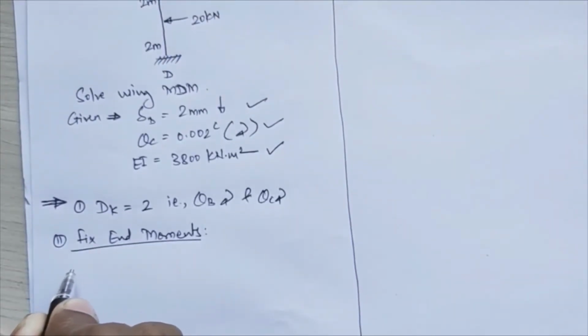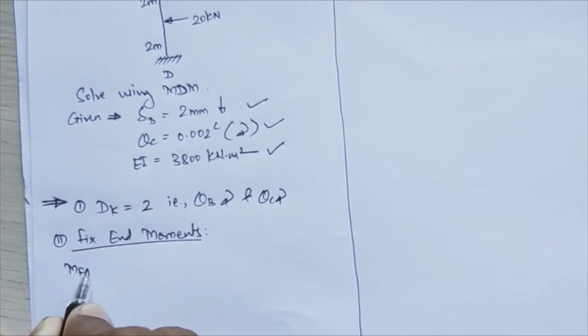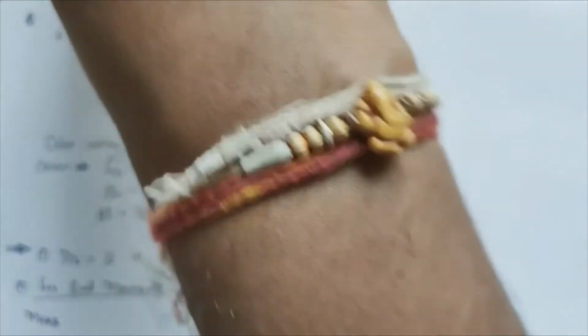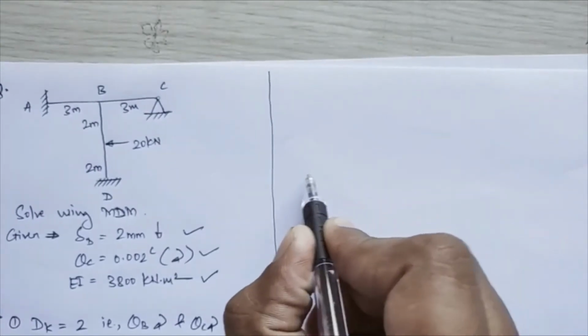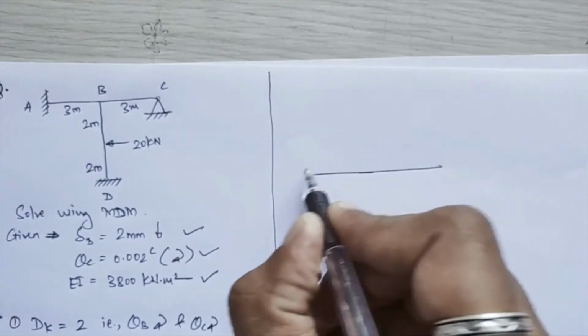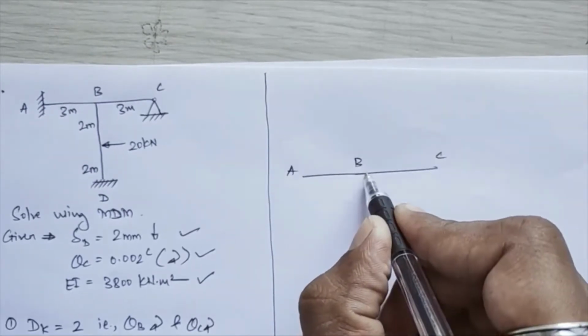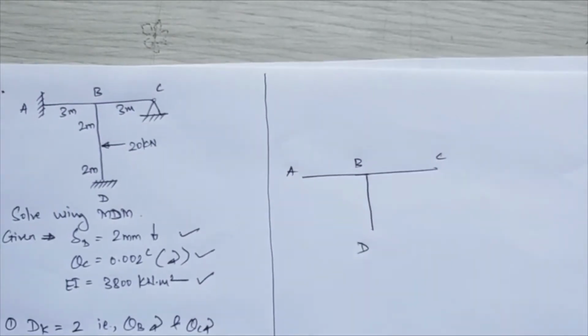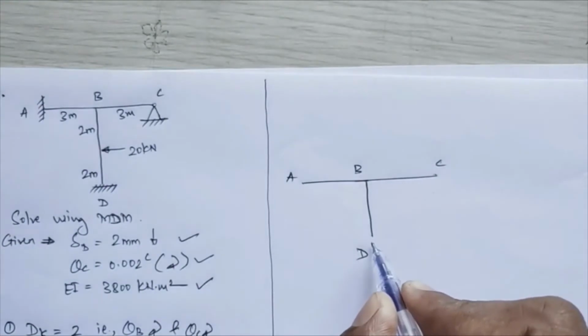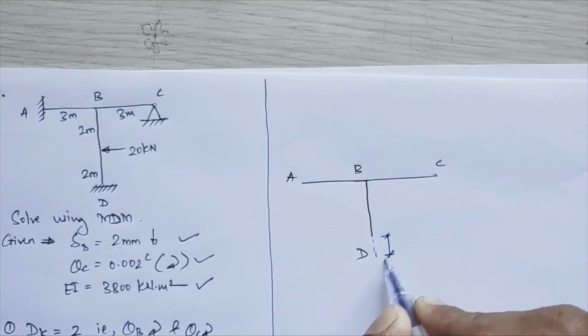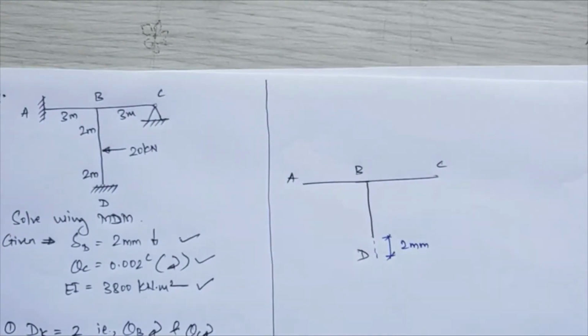So we'll be calculating the fixed end moments. For the first member, that is MFAB. If you see this condition, how it varies: this is member A, B and C, and this support is here at point D. Suppose this support is sinking by 2 mm in the downward direction.